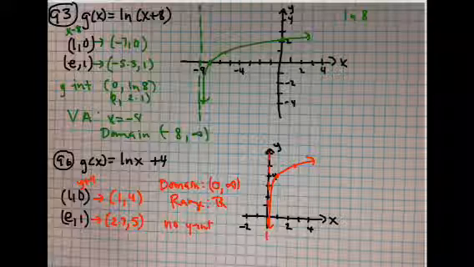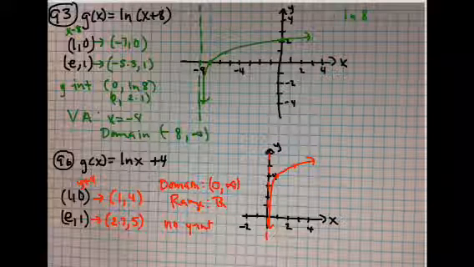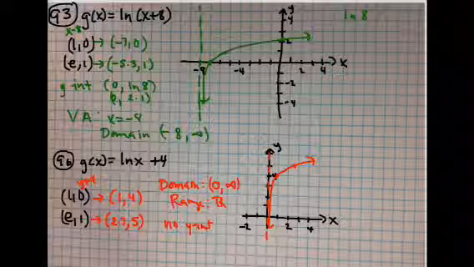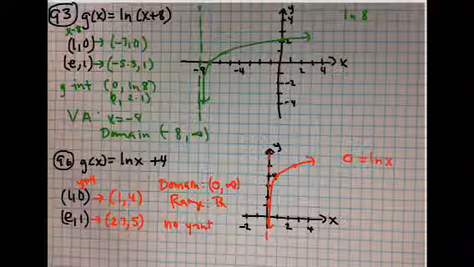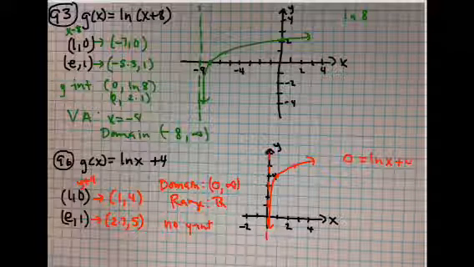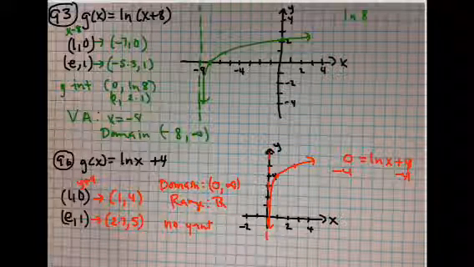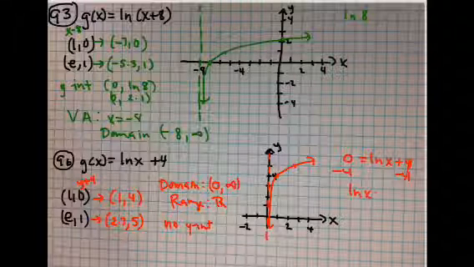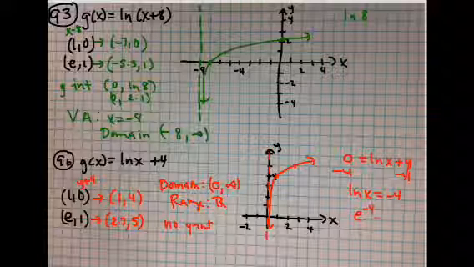As far as the x-intercept, that's something that comes in a later lesson, but you set y equal to 0 and then you solve for x, right? So it's going to be plus 4, so we subtract 4 from both sides. And so natural log of x equals negative 4, so e to the negative 4 equals x, okay?